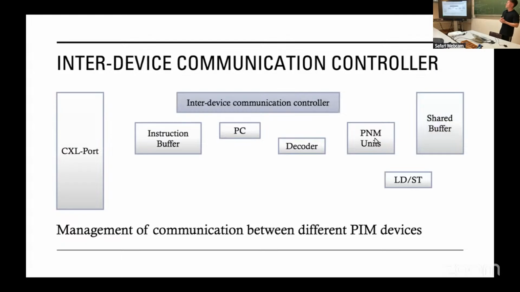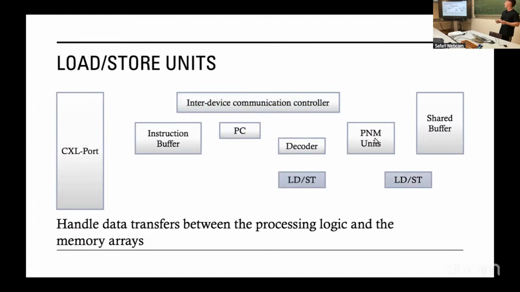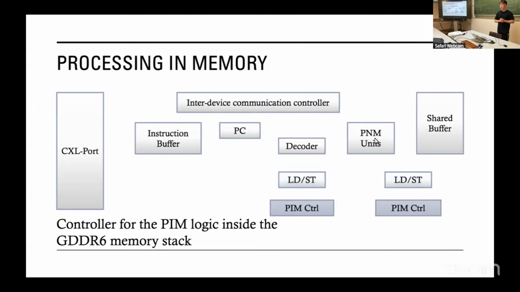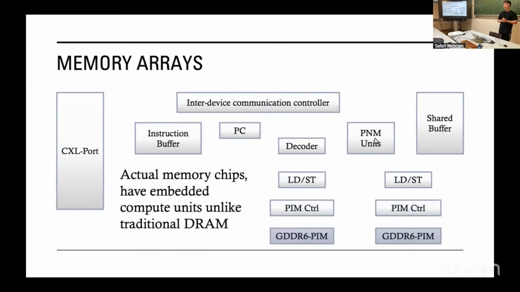The inter-device communication controller communicates between the different PIM devices. And afterwards, now the memory arrays are coming. At first, we have the load and store units, which handle the data transfers between them. A PIM controller, which controls the PIM logic. And afterwards, the GDDR6 memory chips, where unlike DRAM, they have processing units inside.